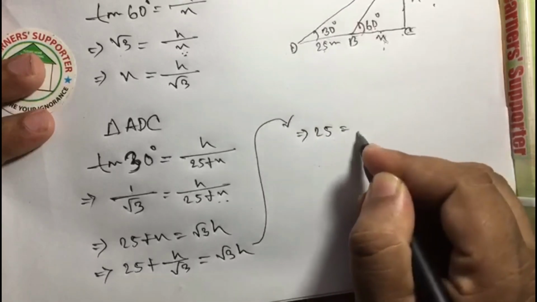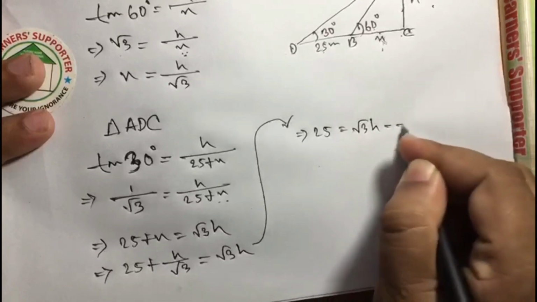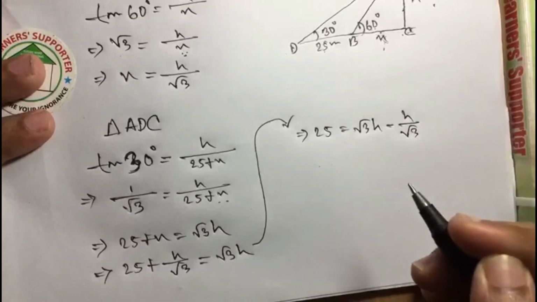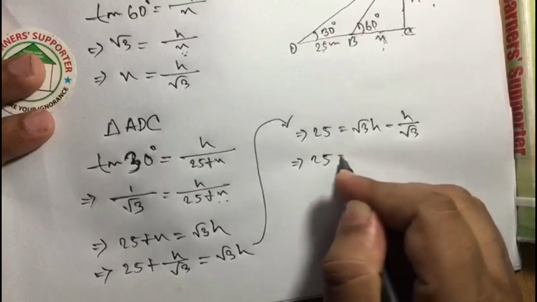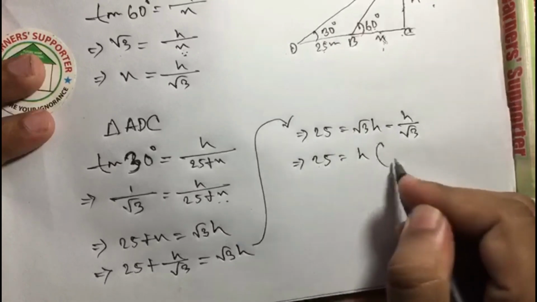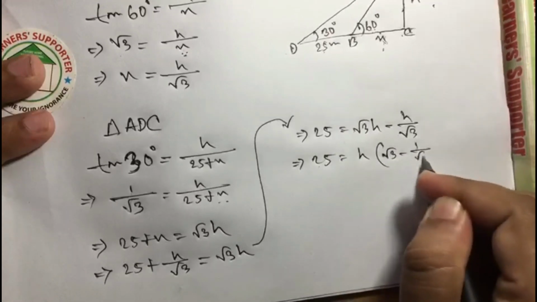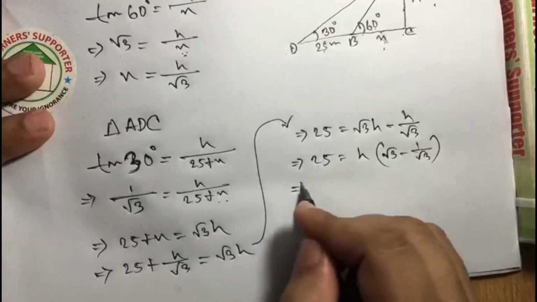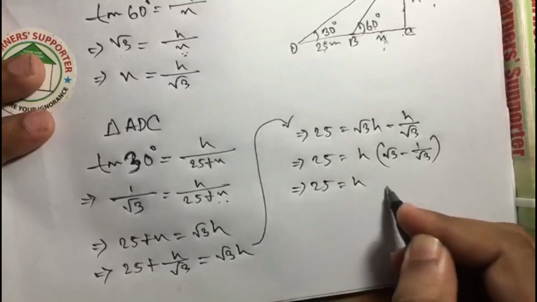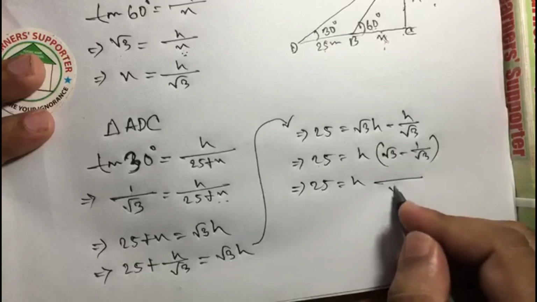25 equals root 3 h minus h by root 3. 25 equals, if I take h as common, then I can write root 3 minus 1 by root 3. I will do the LCM.